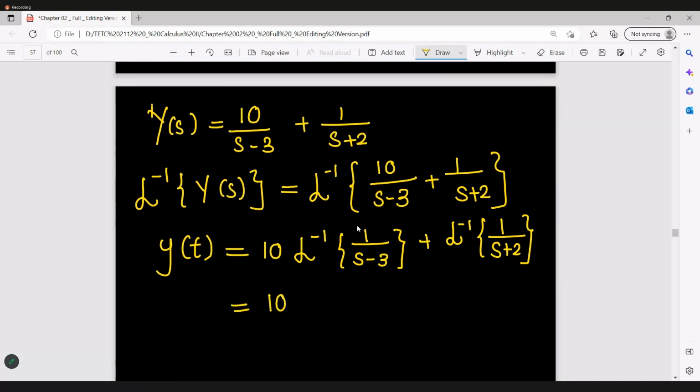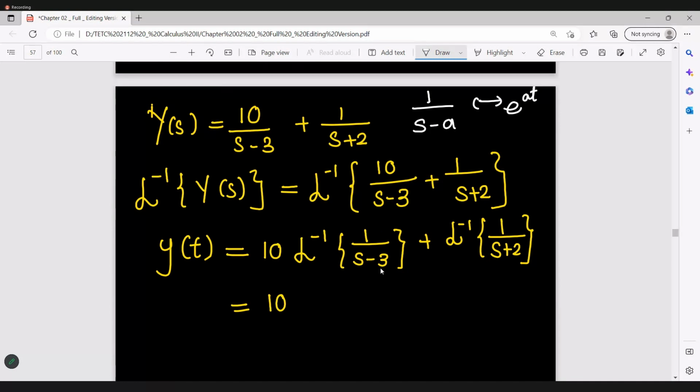In our table, there is a function 1 over S minus A. So if capital F of S is equal to 1 over S minus A, the respective inverse Laplace transform is what? E to the power AT. So I'll write it here.